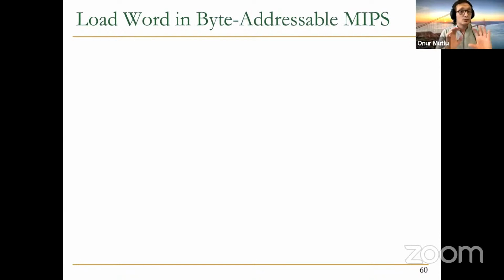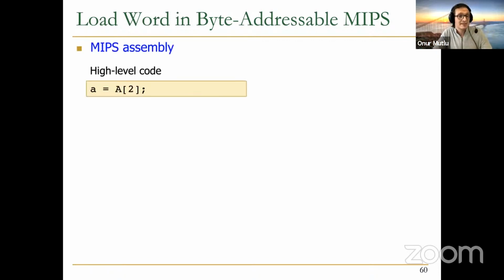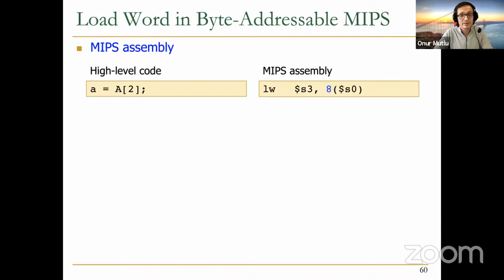So let's take a look at load word in byte addressable MIPS. We want to load a word into a register, 32 bits, but our ISA is byte addressable, right? So we're going to look at MIPS assembly. This is our high-level code, A2. If these elements are words, each element is 32 bits.